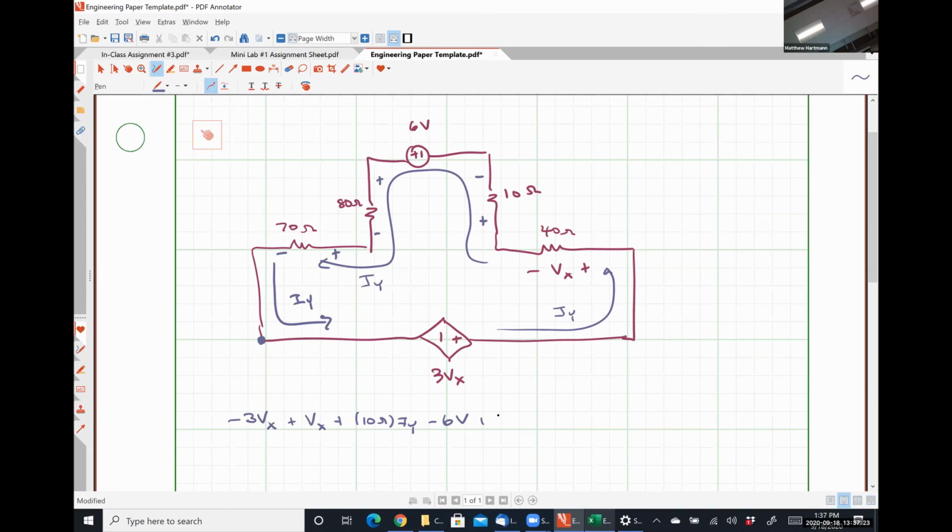Then I'm going to see plus 80 ohms times IY. And finally, plus 70 ohms times IY is equal to 0. So I now have one equation with two unknowns. So how am I going to relate the quantity Vx to the current IY?